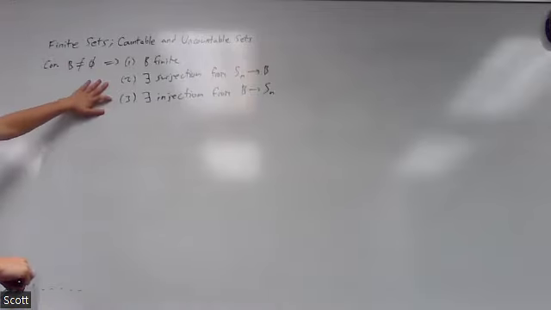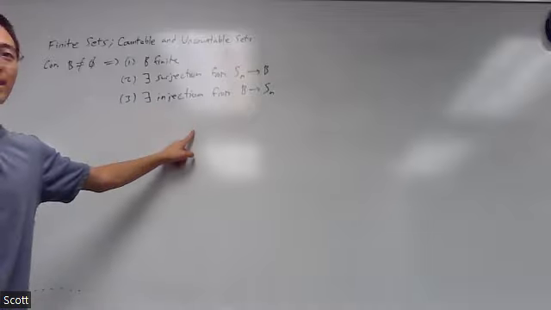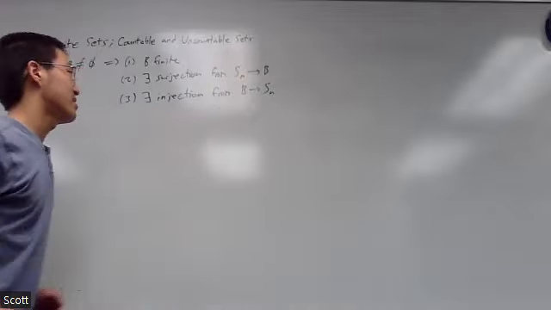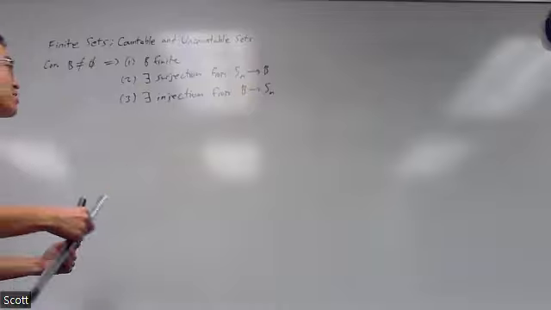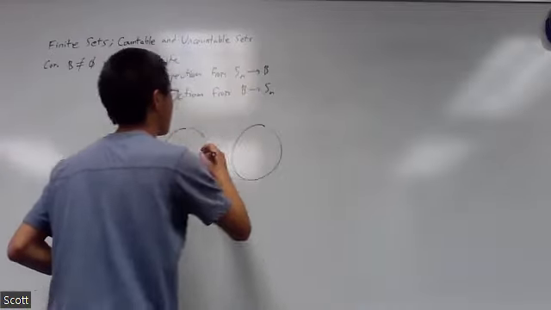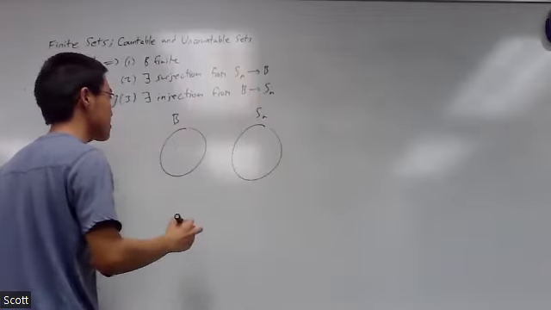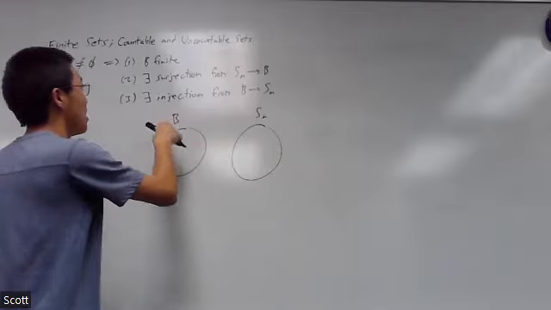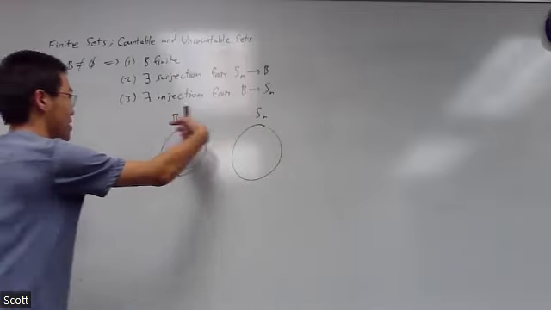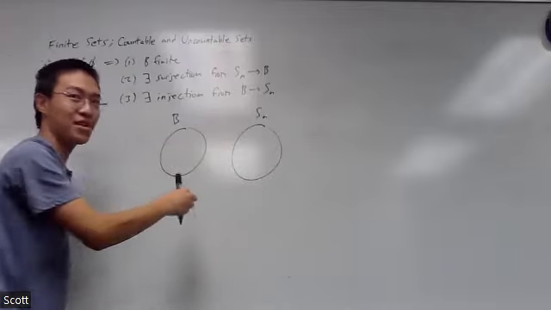This honestly was a little bit cumbersome for finite, but when it came to countable infinity versus uncountable, that's where it started to make more sense why you would use these kinds of properties. If this is your B and this is your section, then if you're able to go in this direction, if you're able to cover onto, well, that's good because you're supposed to be able to go to your section.